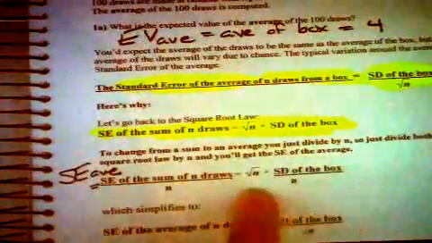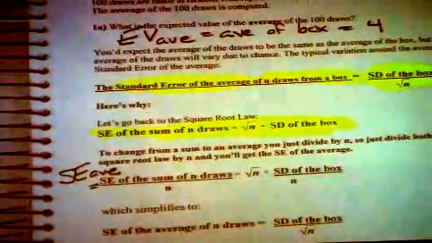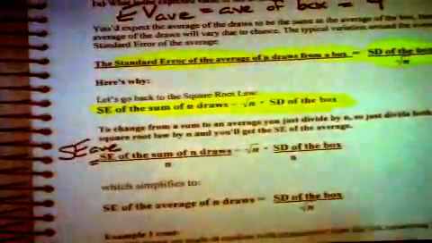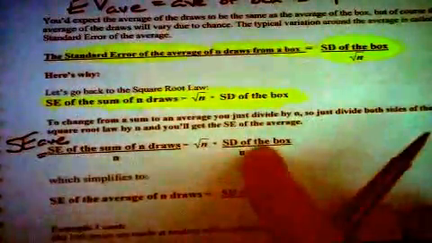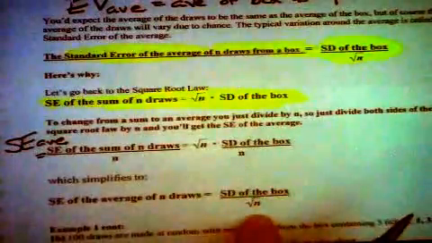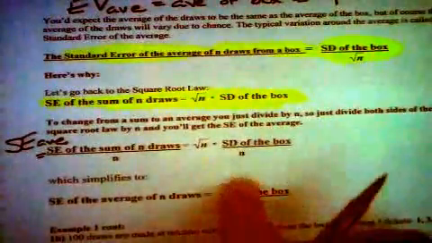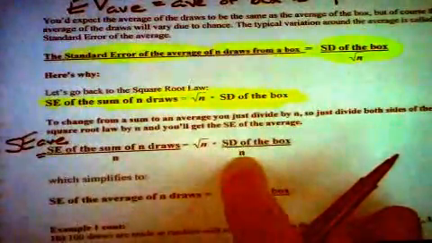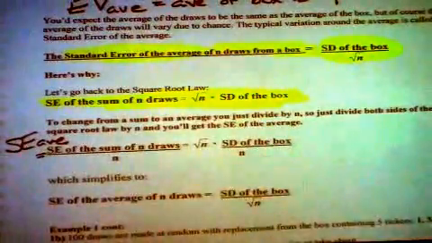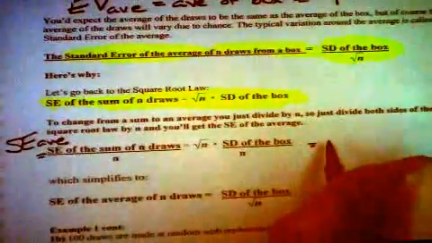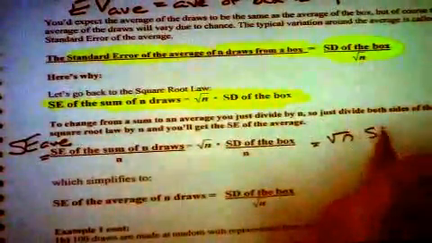But can we simplify this? Sure. Why does it simplify to this? We just left out one step. Can you see why it simplifies to this? What if you rewrite this as the square root of n times the square root of n? Let's do it. So we'll keep everything the same.